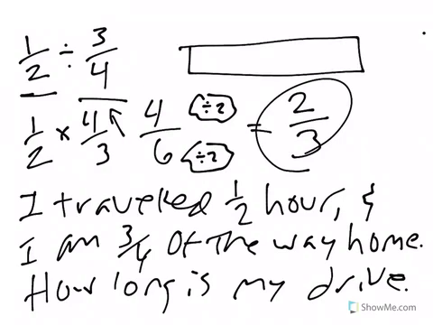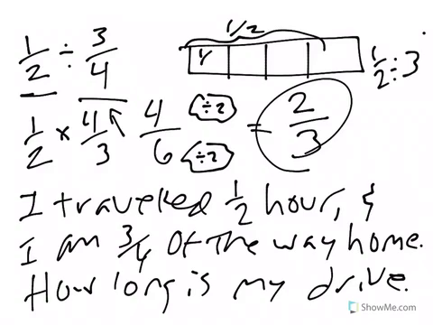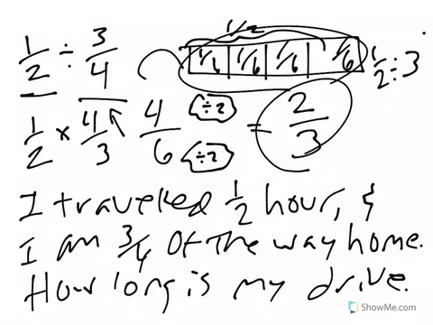So if I give myself 3/4, or if I break that into fourths, then 3 of those would be 1/2 of my journey. So I've got to take that 1/2 and divide it by those 3 parts and end up with 1/6 for each of them. That would mean the whole journey is 4/6, which gets me here. I have to simplify it and it gets me here.